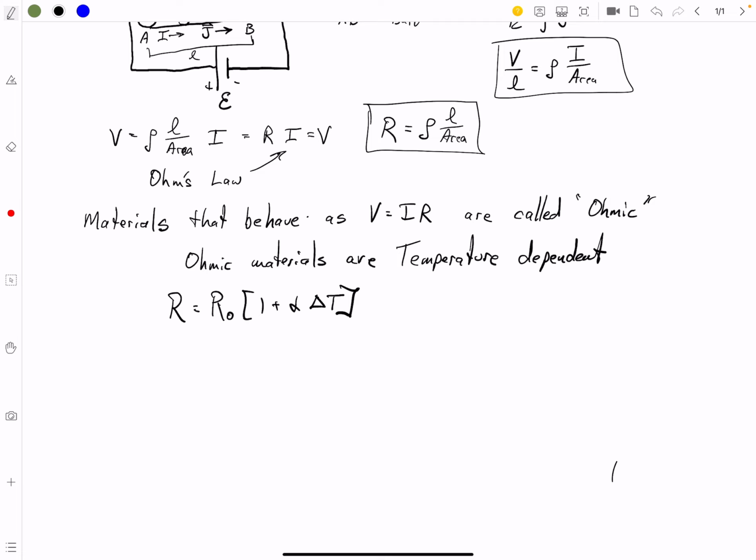Okay, so you can just take the equation from up above for resistivity and do that, and you'll have this equation. And being temperature dependent does not make something non-ohmic, okay? So this equation does not imply something is not an ohmic material, because all materials are temperature dependent.